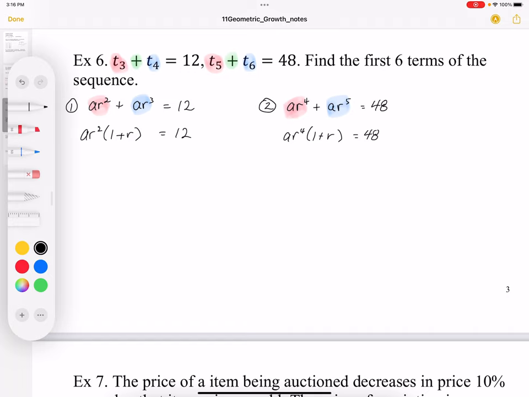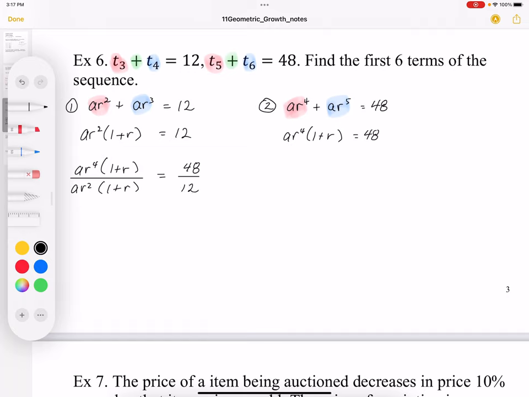And this is a nice thing, now I can write this in terms of a fraction. I'm going to put equation 2 divided by equation 1. So it's going to be AR to the power of 4 times (1 plus R), equal to 48, as my numerator. And I'm going to put in the denominator AR squared times (1 plus R), equal to 12.